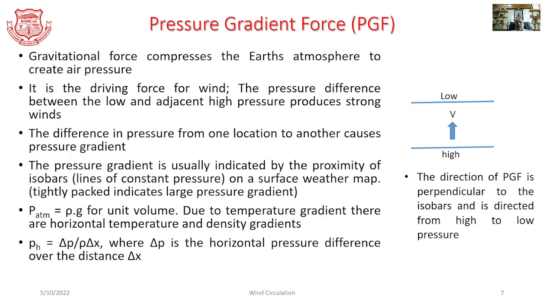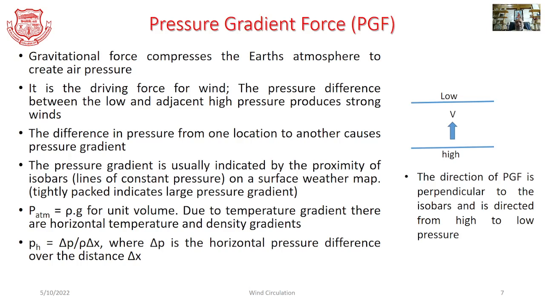As we consider the lower spacing between the adjacent higher and lower pressure zone, it will cause a stronger wind to move from the high pressure zone to low pressure zone. So the difference in pressure from one location to other location causes the pressure gradient, and this pressure gradient is indicated by the proximity of the isobars.